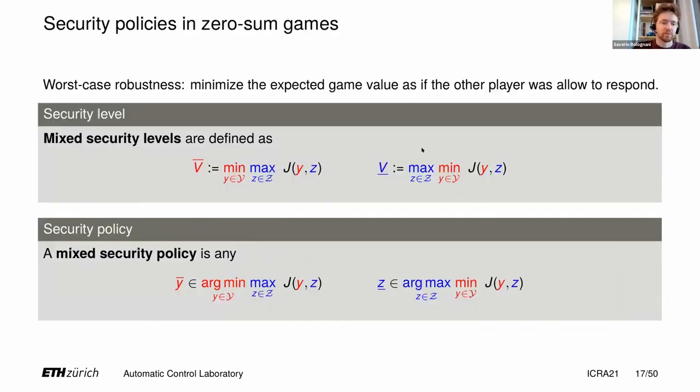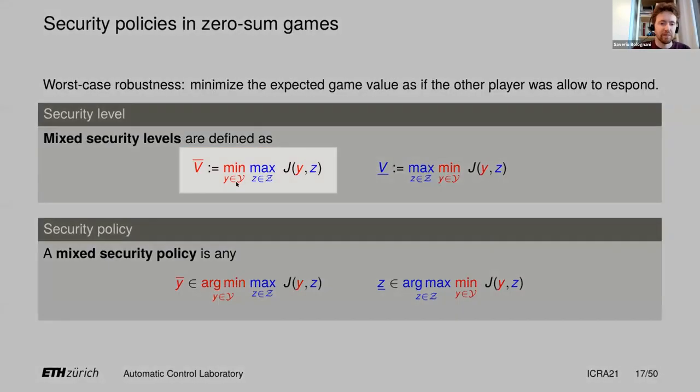So for zero-sum games, because we're talking about robustness, we can talk about the security levels, or in particular, the mixed security levels. At a high level, these are the best things the agents can do, assuming that the other player is allowed to respond. Look at this one for player 1.